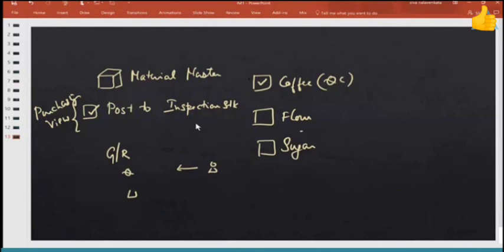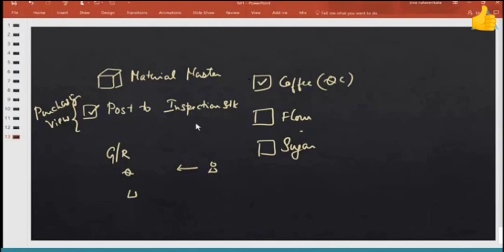For example, when the rains start, the quality of coffee degrades. So you want to really only check for quality issues in coffee in the rainy season. Right? You don't want to do it every time. So you can check this flag on and off depending on the season.